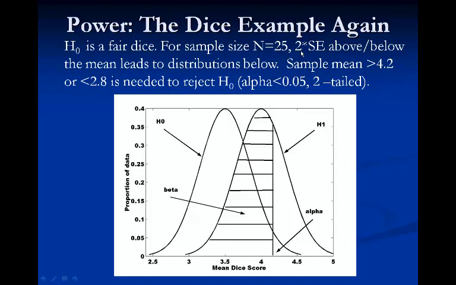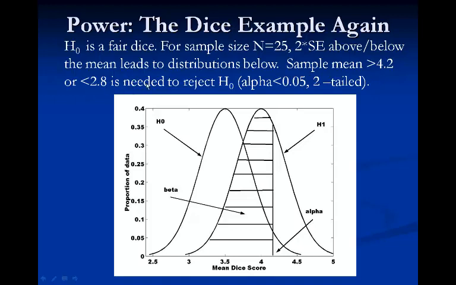If we have 1.96, or let's again make it simple by having two standard errors of the mean above or below the mean. So 2 times 0.35 would be 0.7. If we add 0.7 above, we get 4.2, and if we take 0.7 off the population mean, 3.5, we get 2.8. So the rejection region is if our sample mean is above 4.2 or below 2.8.